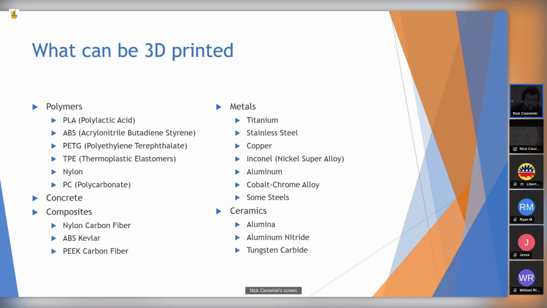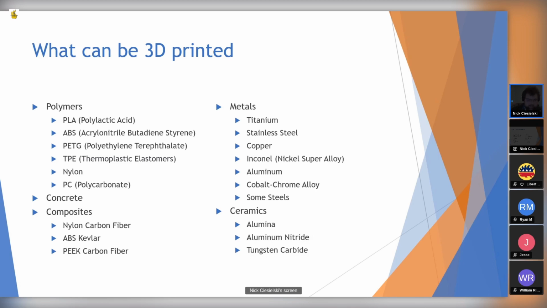PLA is kind of the king of home 3D printing. It's easy. We'll get into a little bit more there, but ABS, PETG, and thermoplastic elastomers, TPE, those four are your consumer grade at-home materials.